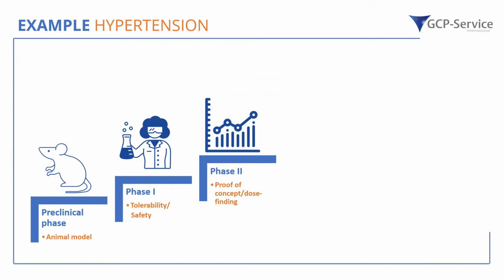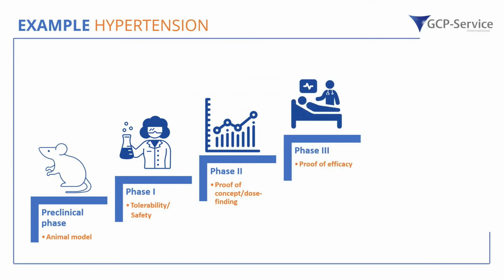When we have enough information and feel confident to go for the market approval, then we will have the phase 3 study, which is called the proof of efficacy study, where if we conduct this study successfully, we will get the market approval.